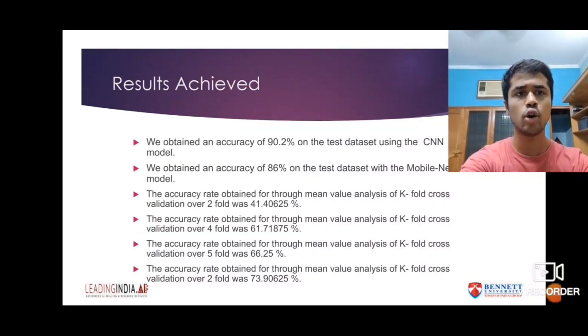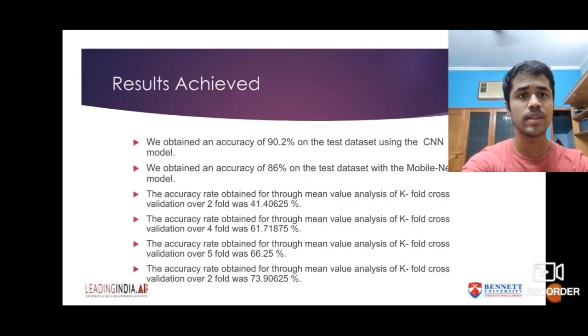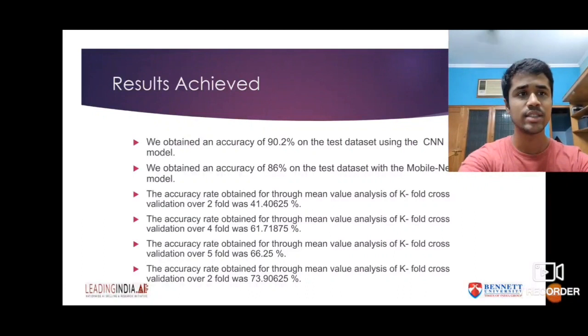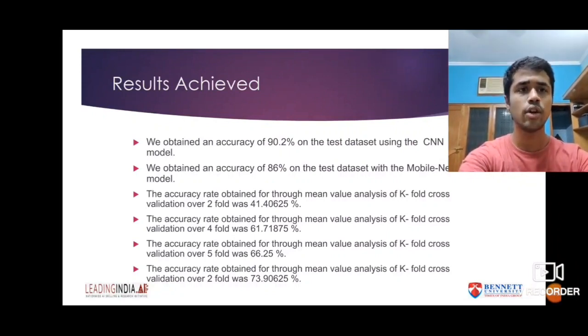The accuracy rate obtained for mean value of K-fold cross validation over four-fold was 61.71%. For five-fold it was 66%, and for ten-fold it was 73.90%. As we can see, as the fold increases, the accuracy rate of our CNN model increases.